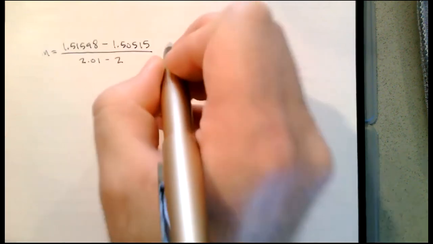So I'm going to do 1.51598 minus 1.50515 over 2.01 minus 2.